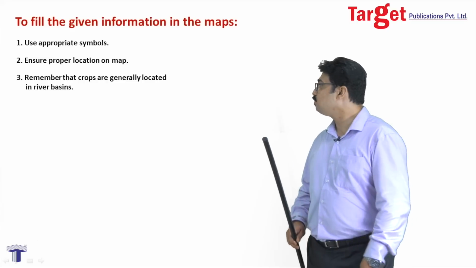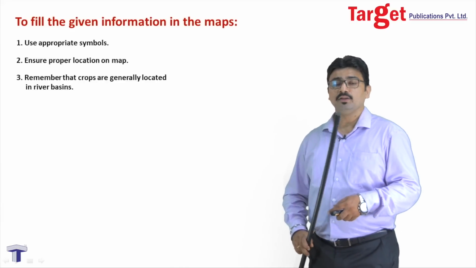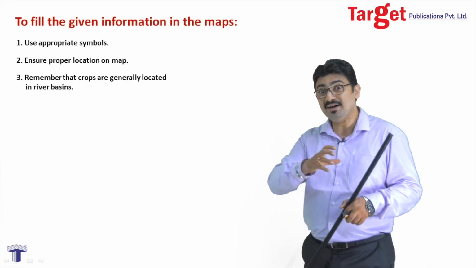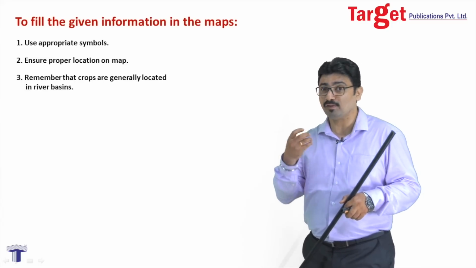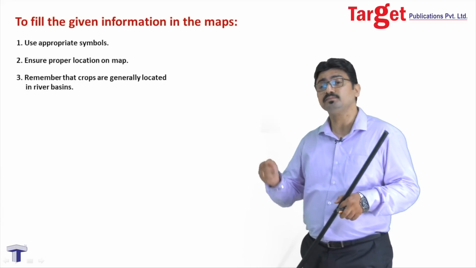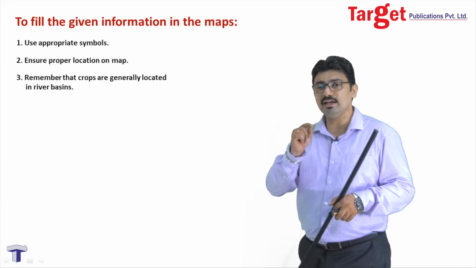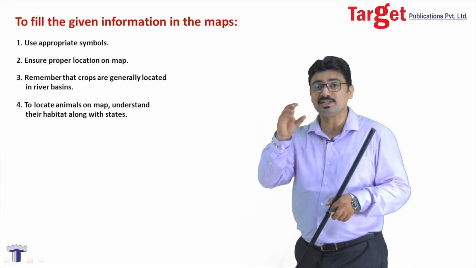Okay. The next important point is how to locate crops. Now friends, we all know that crops or cultivation occurs more in a river basin where the soil is fertile, where the conditions are more favorable for cultivation. So crops can be located easily if you generally know what climate they require and which is the nearest river basin.